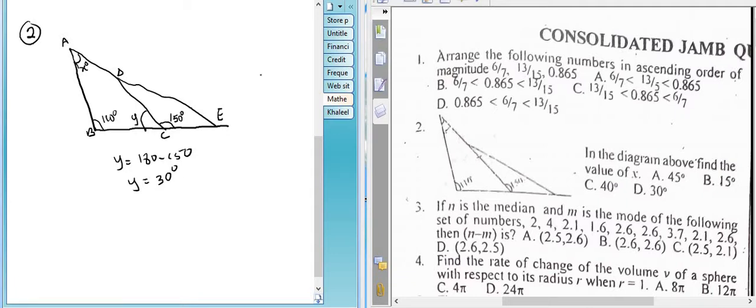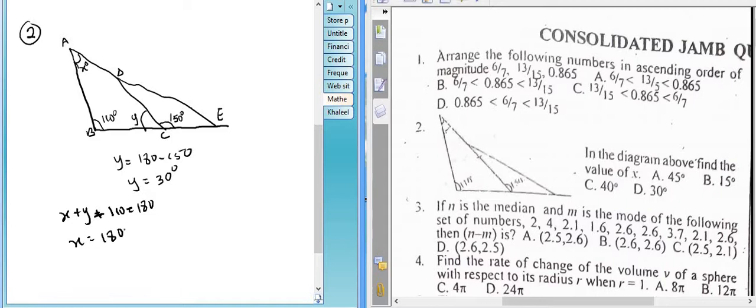But remember, we were asked to find x. So the total angle in a triangle is equal to 180. So we can say x plus y plus 110 is equal to 180. Therefore x is equal to 180 minus 110 minus y, where y is 30.